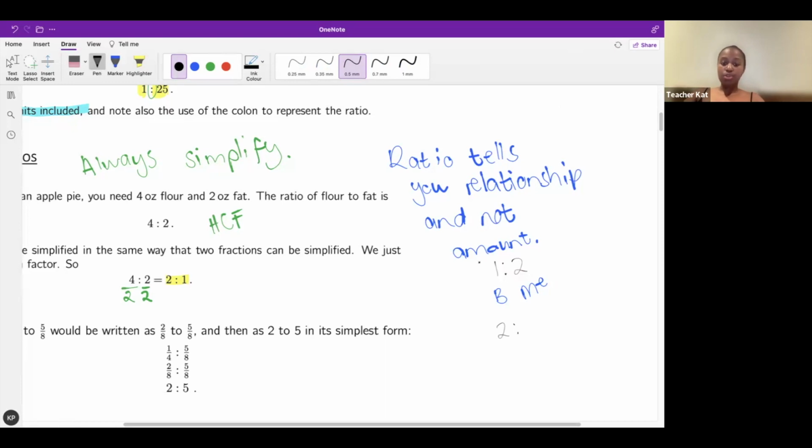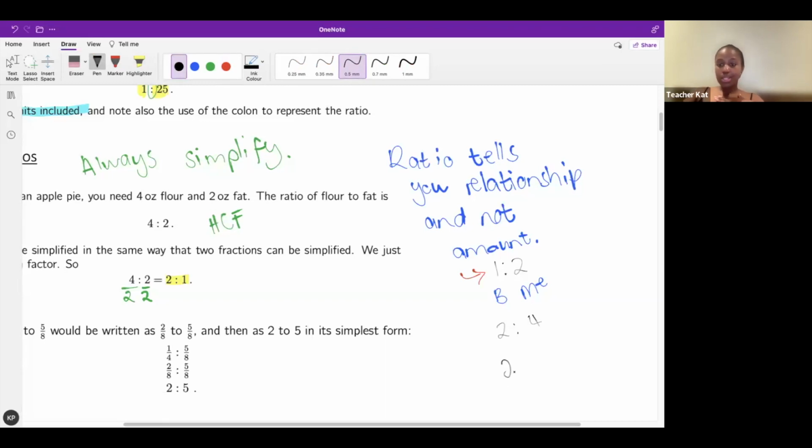If we're sharing our sweets in this ratio, if my brother has 2 sweets, then I will have how many? What do you guys think? I've given you a ratio here. We're sharing them in the ratio 1 to 2. So if he has 2 sweets, then I will have 4.